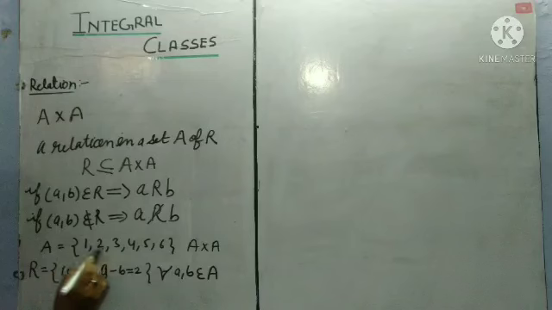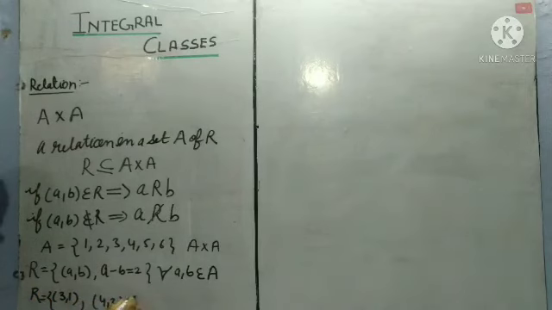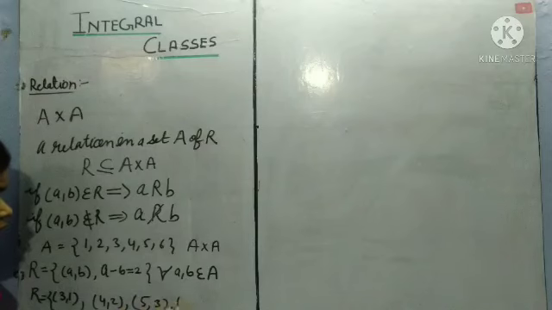So now as we observe here, 3 minus 1, so first pair is (3, 1) in R. Second, 4 minus 2. Third, 5 minus 3 and fourth, 6 minus 4.